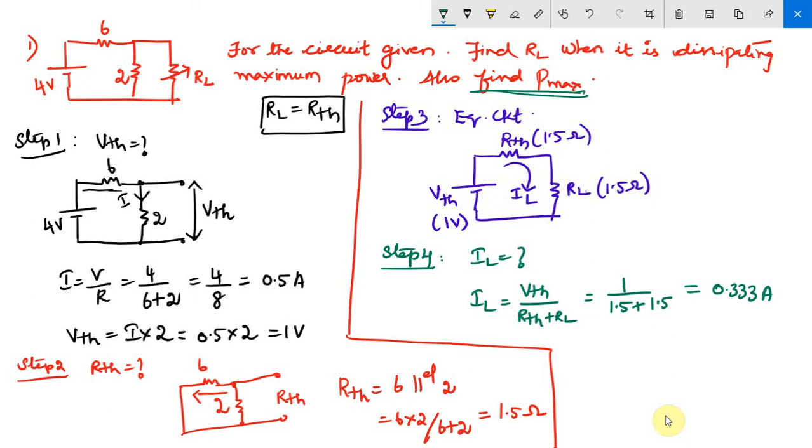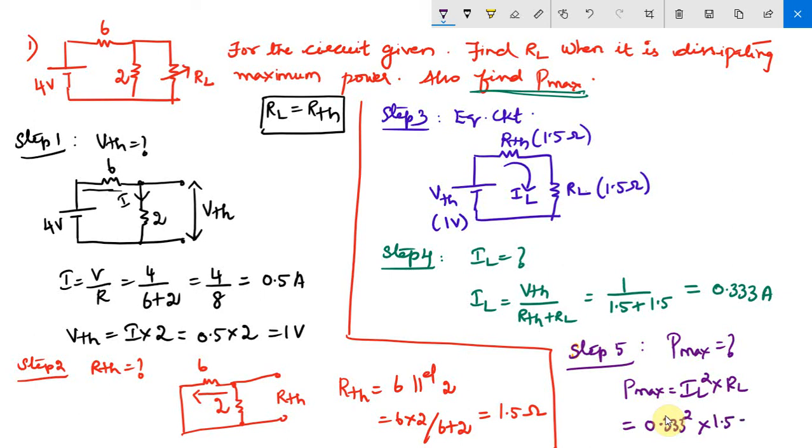Now do step 5 and find the maximum power. Pmax is equal to IL square into RL, which is 0.333 square into 1.5. So the answer is 0.1666 watt, the maximum power dissipated across the load resistor.